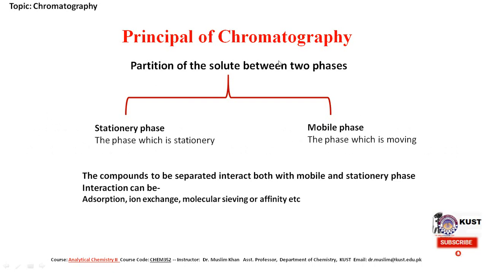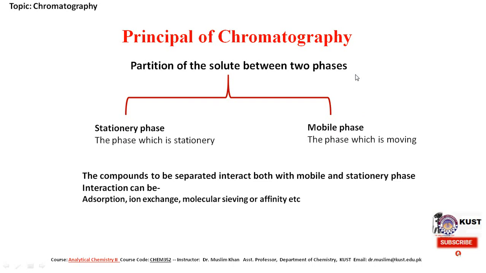Coming to the principle of chromatography, as I mentioned, different components of a mixture are separated. The different components of a mixture partition themselves between the two phases. They are dissolved in a mobile phase, and this mobile phase along with these components passes through the stationary phase.